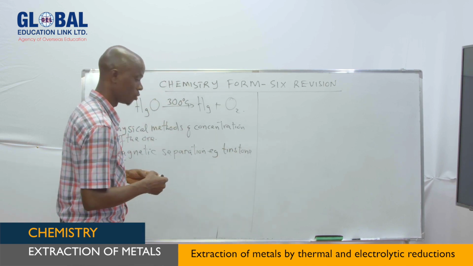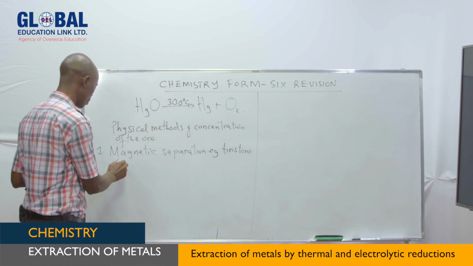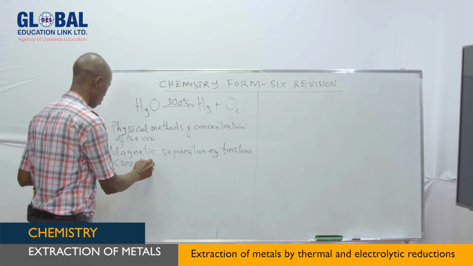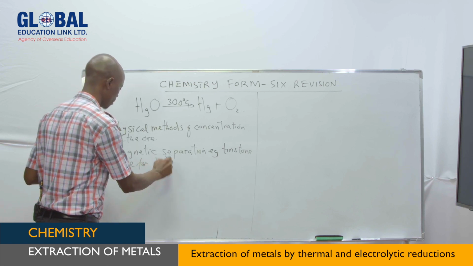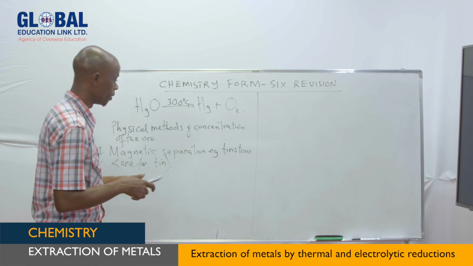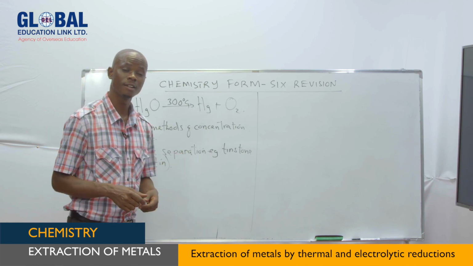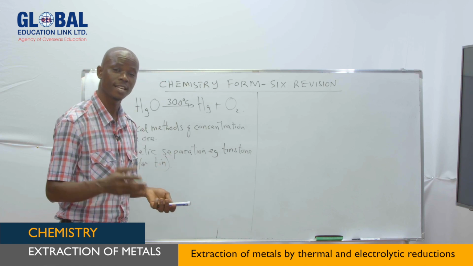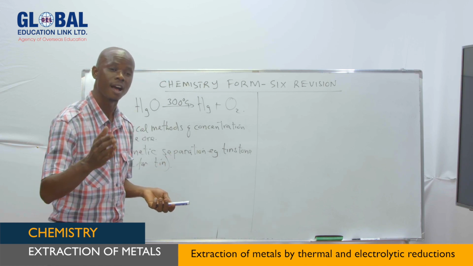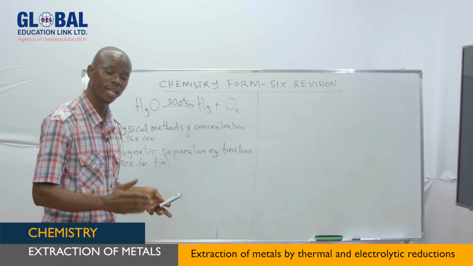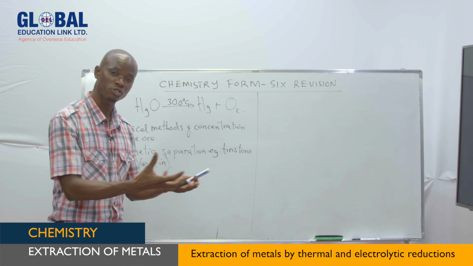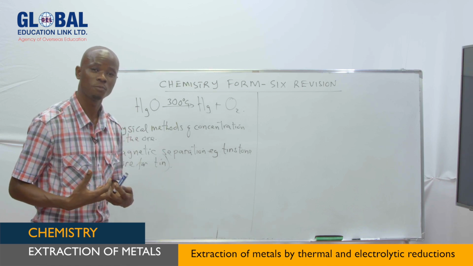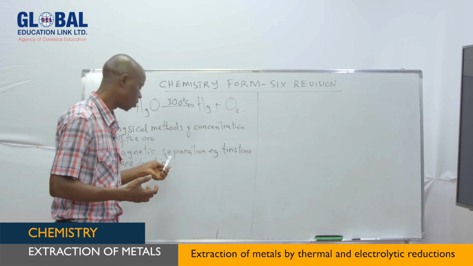tin stone, which is the ore for tin. This one is a non-magnetic ore, but its impurities like iron and manganese are magnetic. So we can use a magnet to attract those magnetic impurities from this ore.